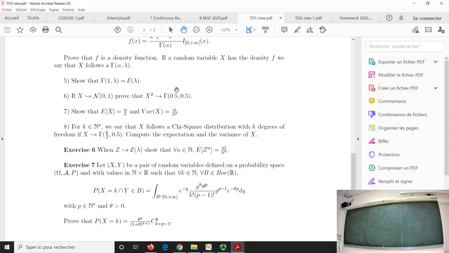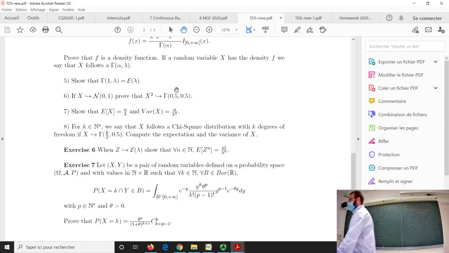So I have the expectation. If I want the variance, it is sufficient to compute the expectation of x squared. That's what we are going to do. So I put here the fact that I have computed the expectation of x as alpha over lambda.